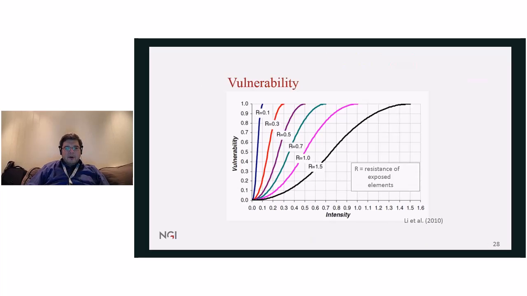Vulnerability, as we explained before, is characterized by these vulnerability curves, where in the vertical axis we show the degree of damage, and on the horizontal axis we show the hazard intensity. Then the vulnerability curves can have different shapes. When we have an elongated shape like this one, that means we have exposed elements that are more resistant. But when we have steeper curves like this one, that means that we have elements with lower resistance.